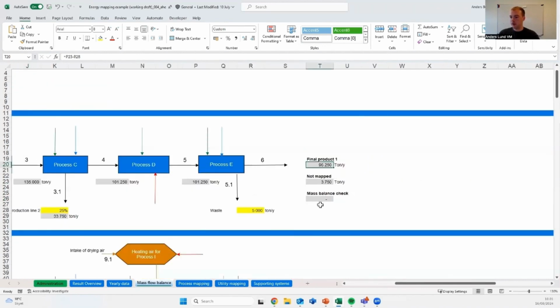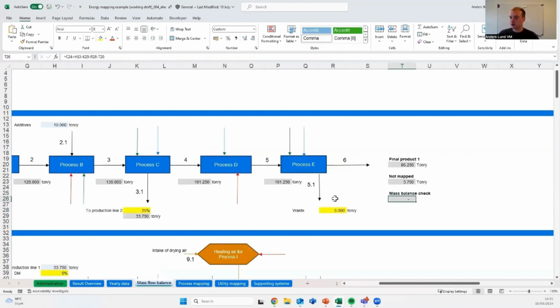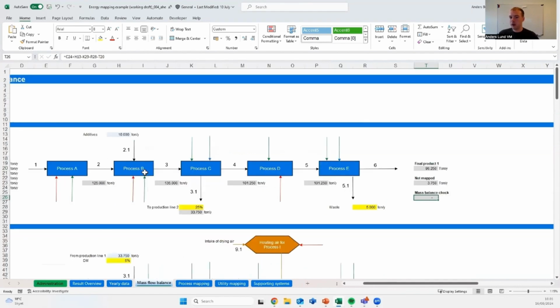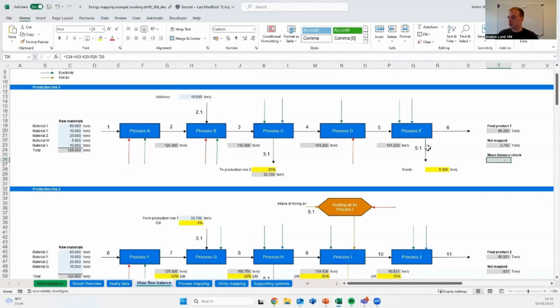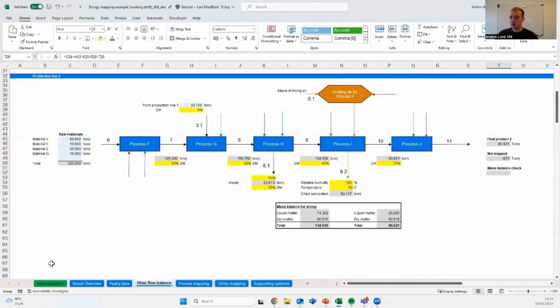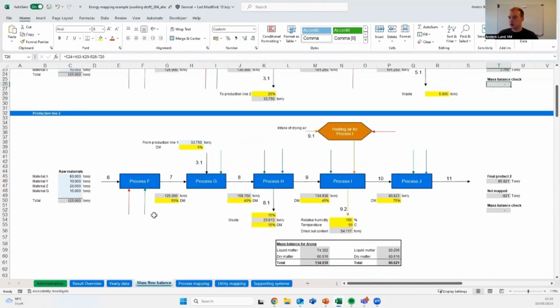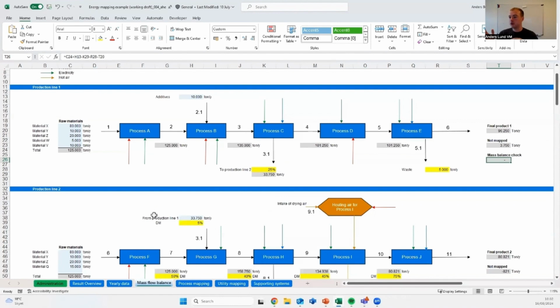And then you have a mass flow check, kind of measuring if you have mapped all your masses, or do you lose any mass throughout the system. Also, perhaps you have some production line that is related, and then you will have a stream going out saying this goes to process line 3 instead, and then it will continue afterwards down here. And also this sheet is important to adjust to your process. You can have as many process lines as your factory might have.